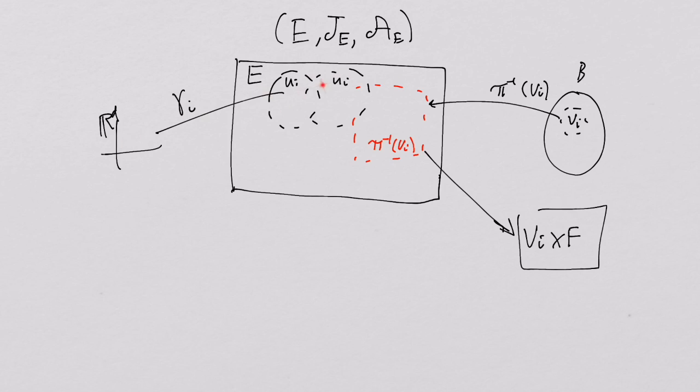This is the manifold mapping, the regular atlas, because E is its own manifold.